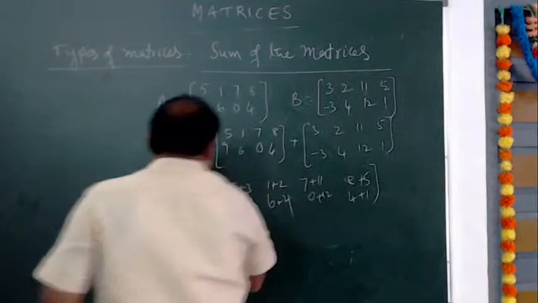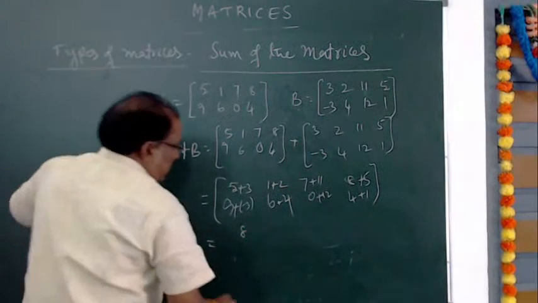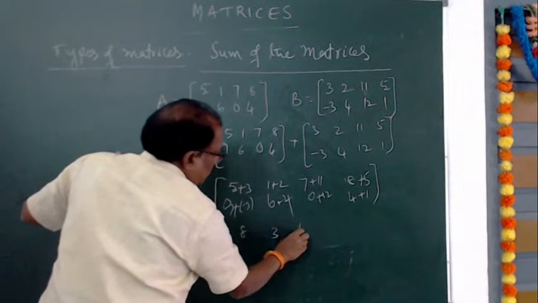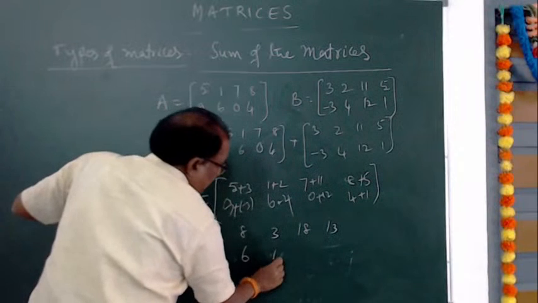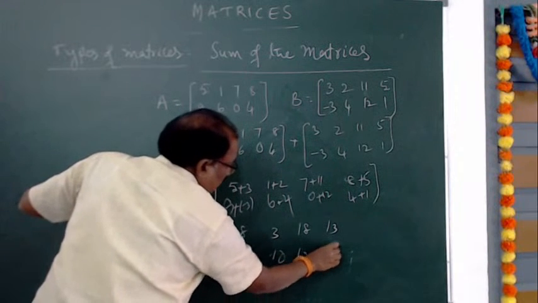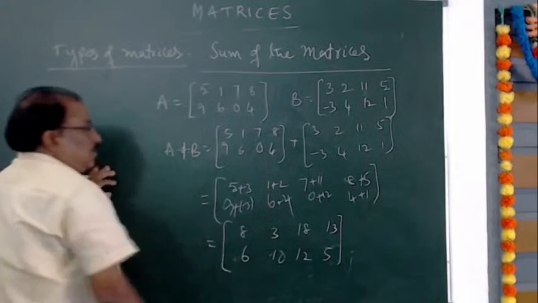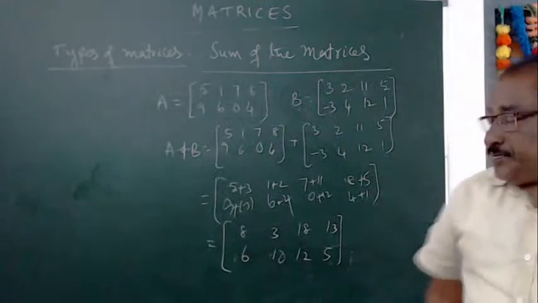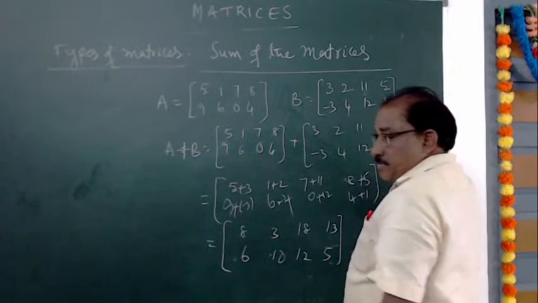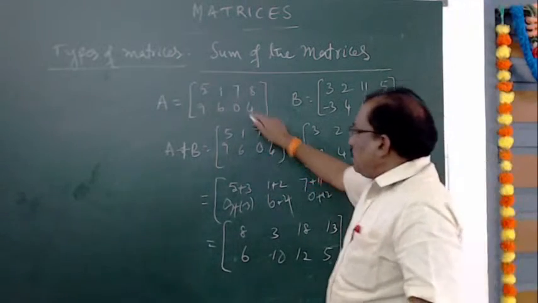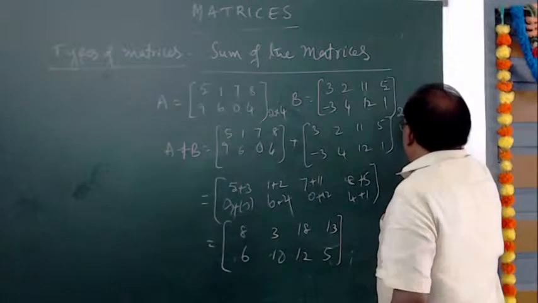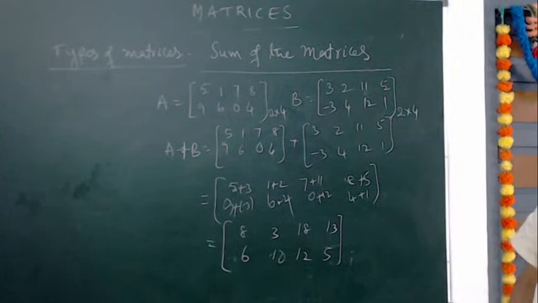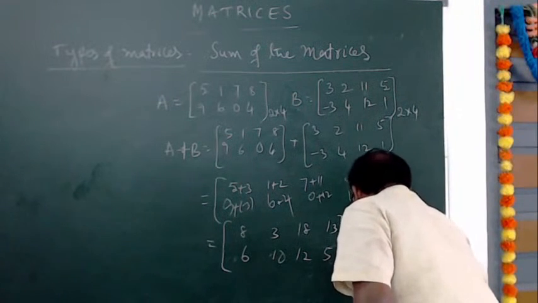Observe the two matrices. What is the order of the matrix here? This is 2 by 4. This is also 2 by 4. What is the resulting matrix A plus B? 2 by 4.